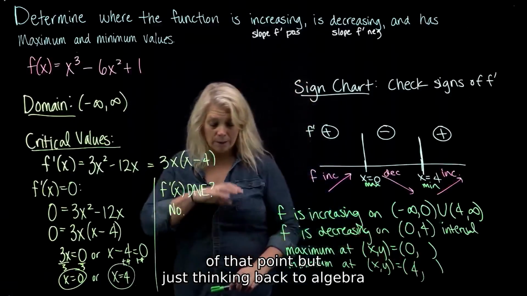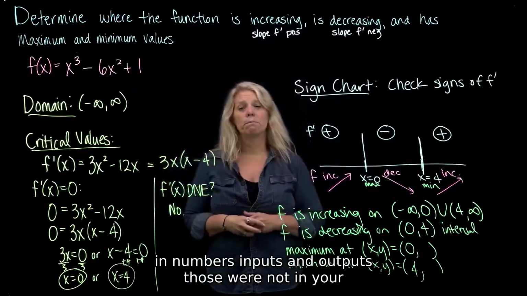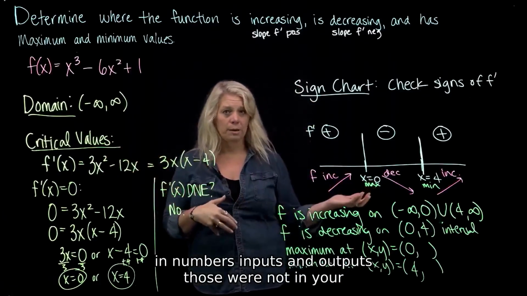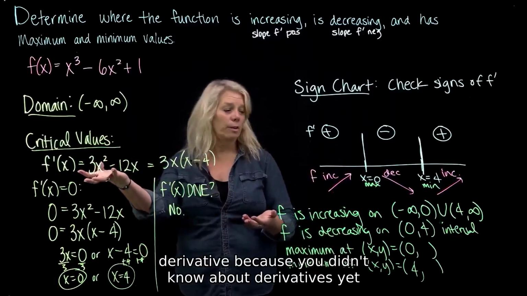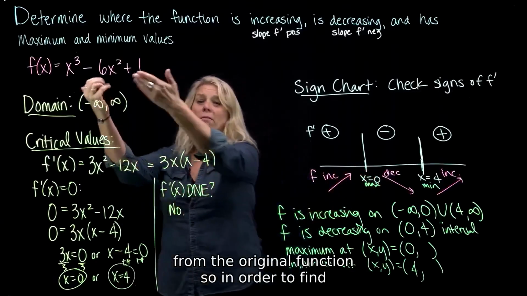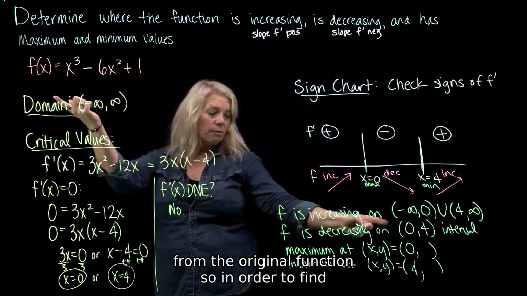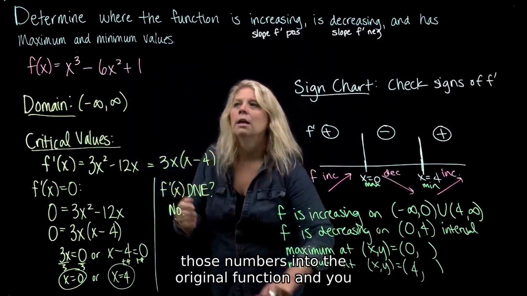But just thinking back to algebra class a long time ago when you first plugged in numbers, inputs and outputs, those were not in your derivative because you didn't know about derivatives yet. So x, y points, inputs and outputs, those come from the original function. So in order to find these input-output values, I'm just going to plug those numbers into the original function.